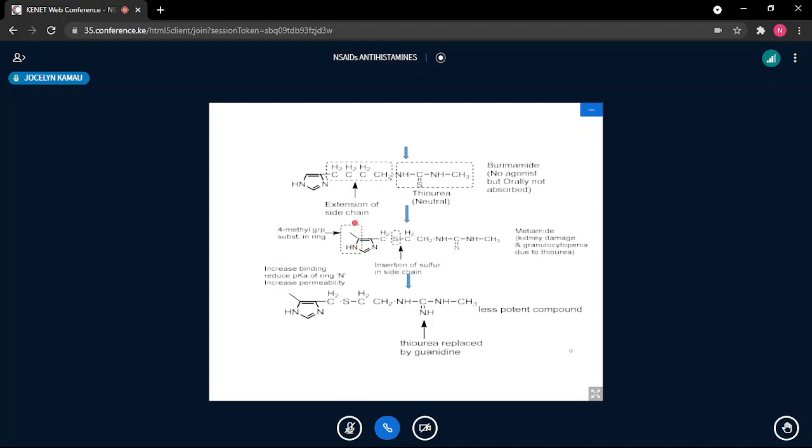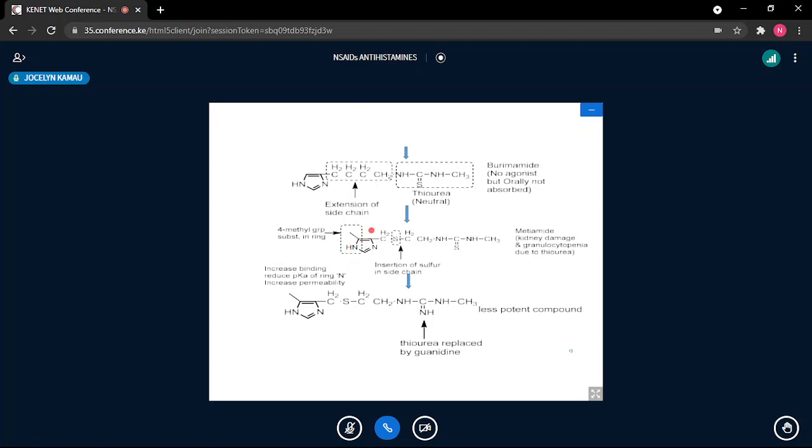So that is the first reason why we have a methyl group substituted at position 5 of the imidazole group: to increase the basicity of the tele nitrogen, and increasing the basicity of the tele nitrogen promotes the existence of the tele tautomer rather than the pi tautomer. So that's the first stage.